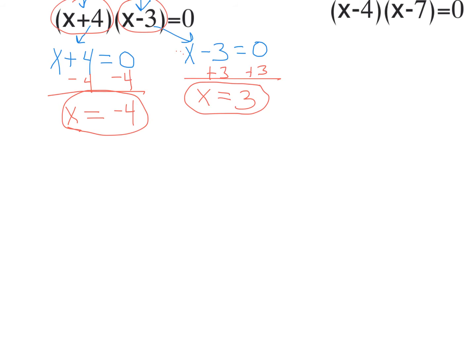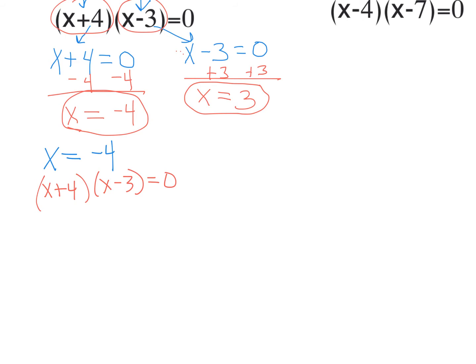Alright, so let's take a look at the first one. We said in one instance that x equals negative 4. So let's take a look at when x is negative 4. I'm going to take my problem: x plus 4 and x minus 3 equaling 0.